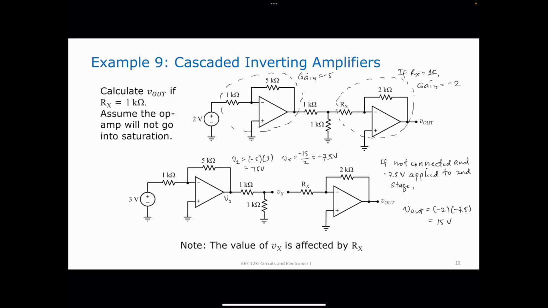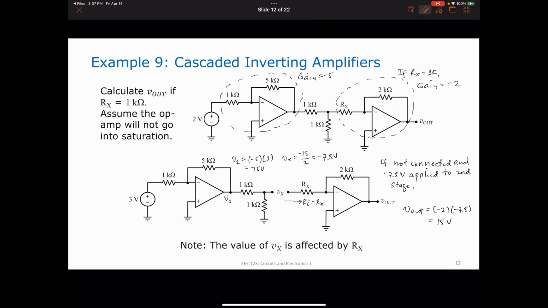What you're going to see here, Ri, is going to be Rx. Let me rewrite that. Inside here you're going to see Ri is equal to Rx, and that Rx is going to be in parallel with this 1K.